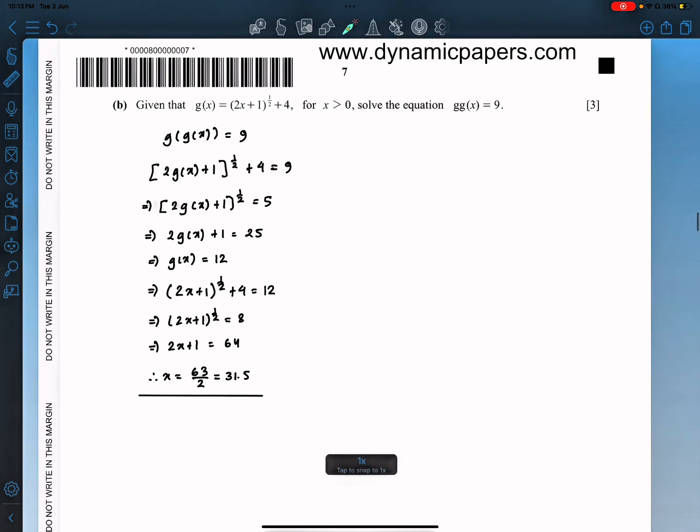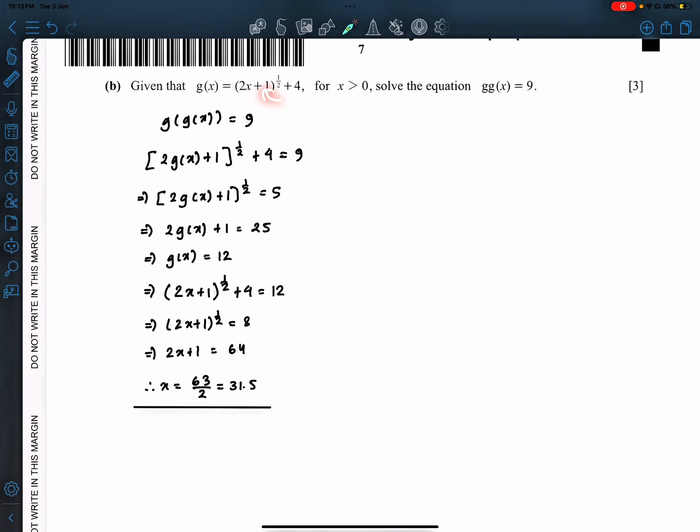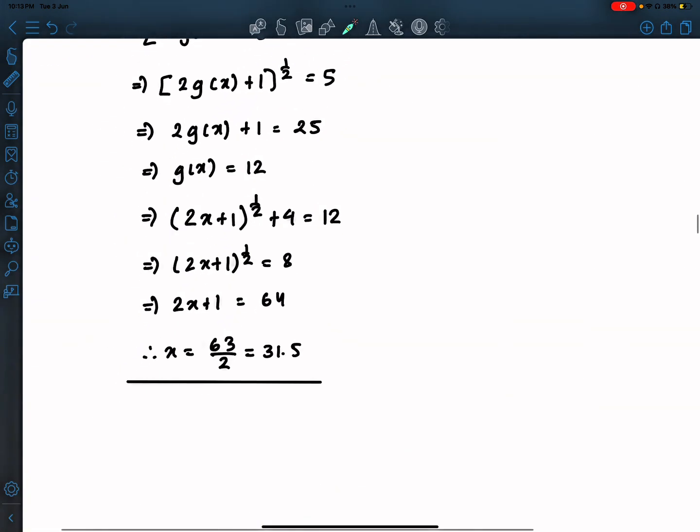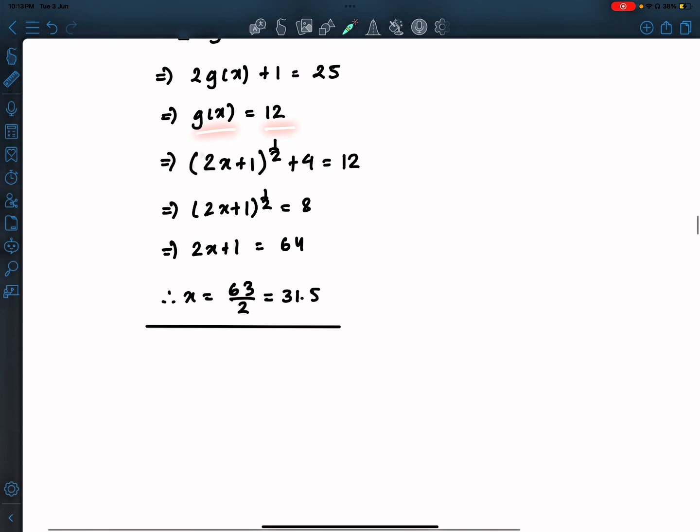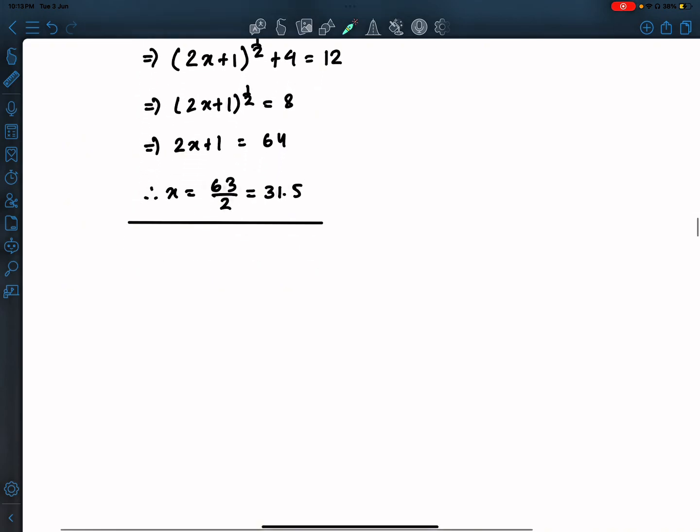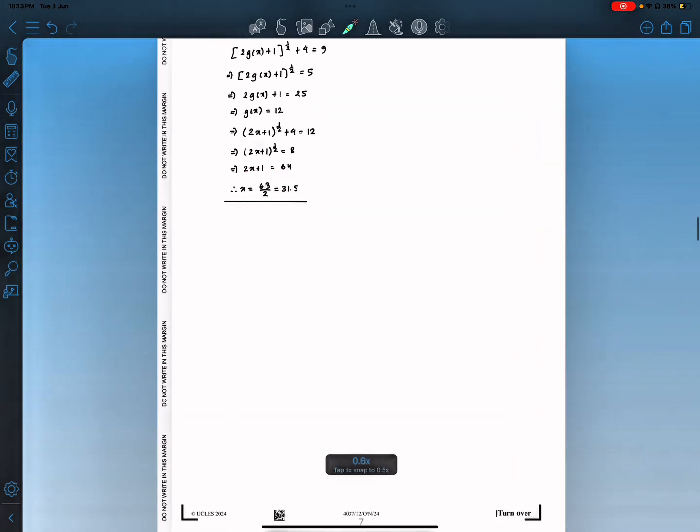So if g of x is input into g of x, that would mean 2 times g of x plus 1 to the half plus 4 equals 9. So we simply solve for g of x, and we find that g of x equals 12. Now we write g of x as is, 2x plus 1 to the half plus 4. Then we solve for x, and we find x to be 31.5. Pretty easy.